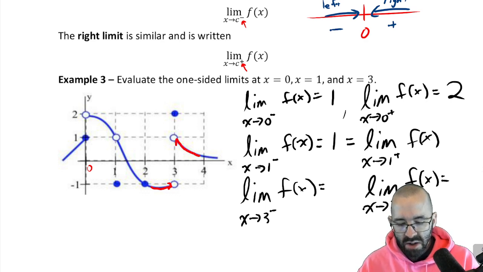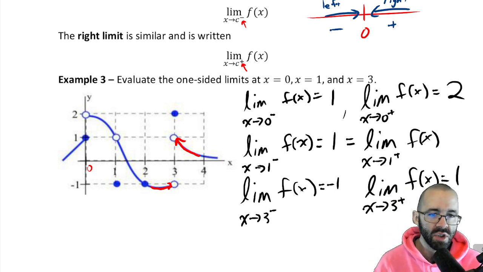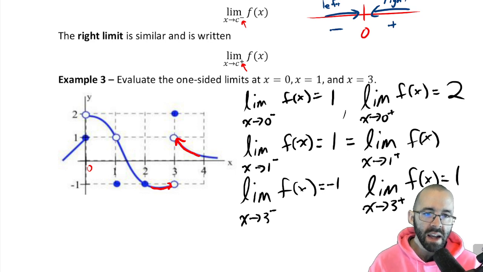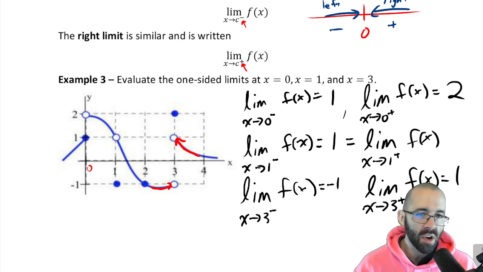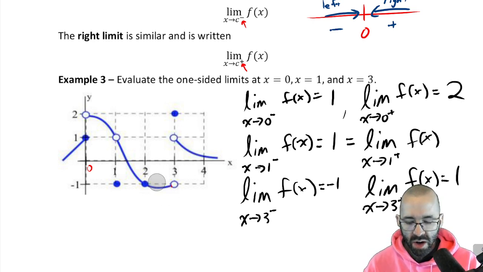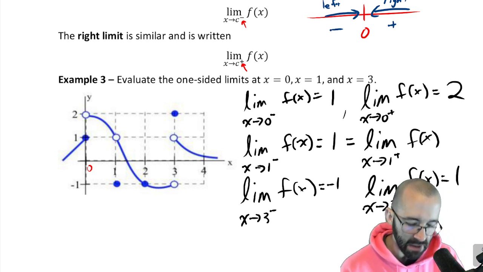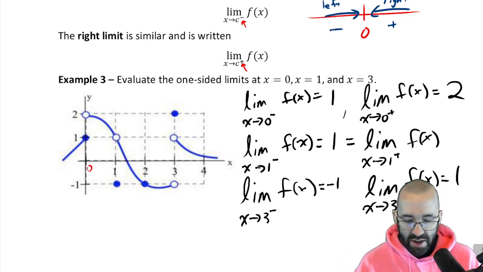As our input gets close to 3 from the right, our output is approaching +1. We'll fill it in just like so. And again, what limits are all about is, as the input gets close to something, what does the output get close to? And that's why I'm drawing these arrows. I think it makes it a little easier to see. And that's one-sided limits.